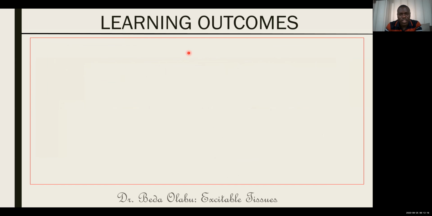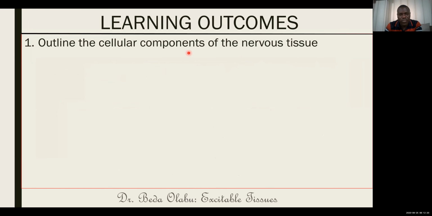The specific things we are going to learn in this lecture are the following. In as much as we talked about tissues consisting of cells, matrix, and tissue fluid, when we talk of nervous tissue, there's nothing much to say about the extracellular matrix and the tissue fluid. So we'll only focus on the cellular components of the nervous tissue.